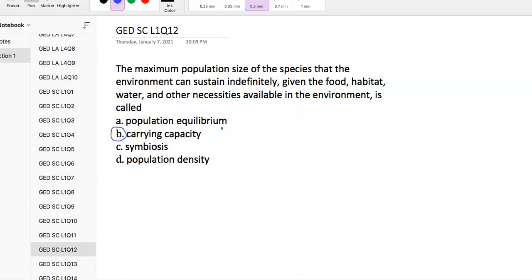Carrying capacity is the number of individuals an environment can support without significant negative impacts to the given organism and its environment. Below carrying capacity, populations typically increase, while above, they typically decrease. So the key point there is just the number of individuals an environment can support without significant negative impacts. That's carrying capacity.